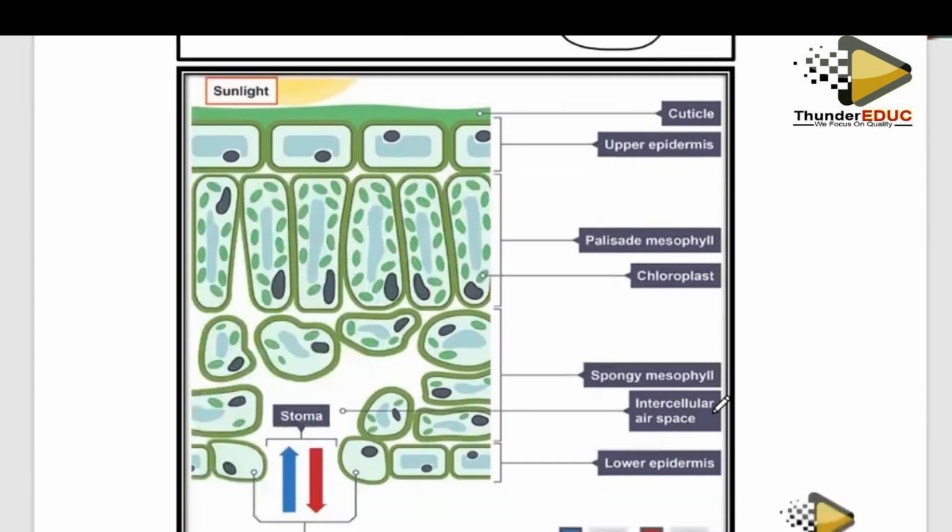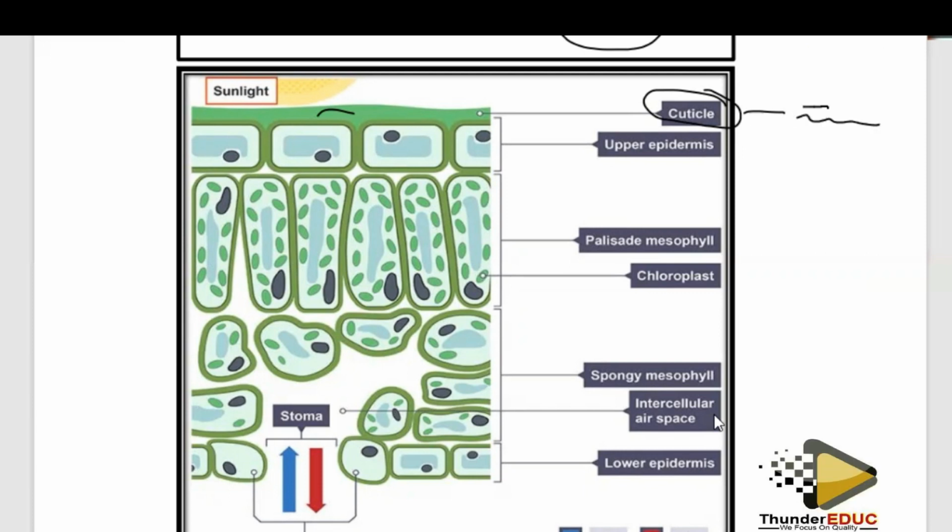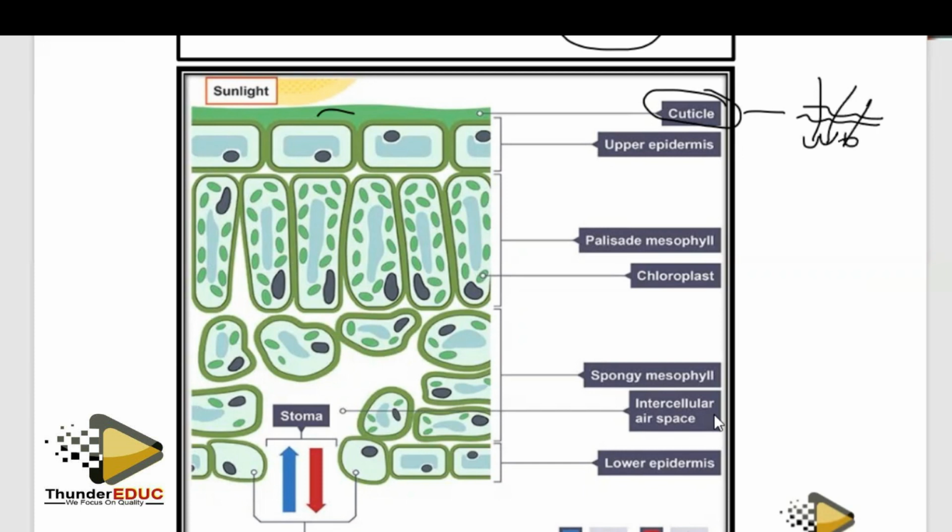The first layer on top here is called the cuticle. This cuticle is transparent. It allows light to go through, so that is one adaptation. Imagine that this cuticle was thick, and when light comes in, it bounces back.